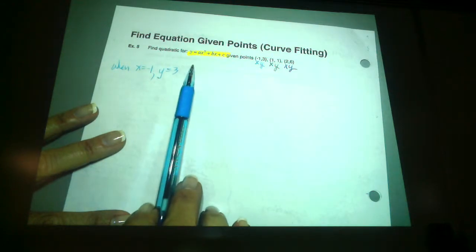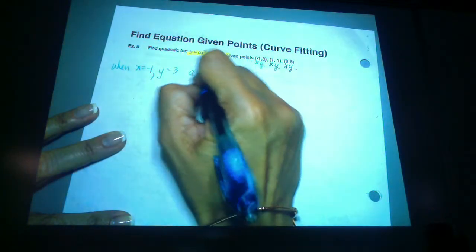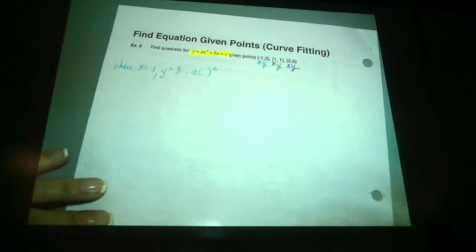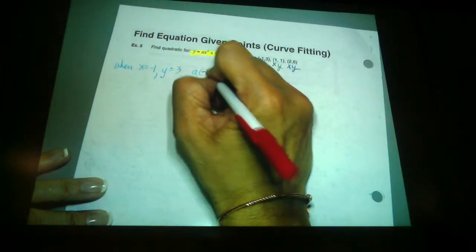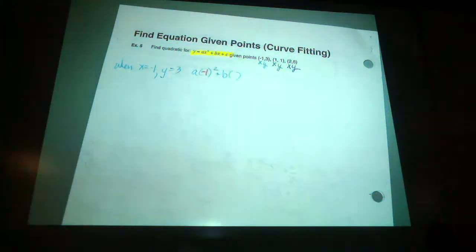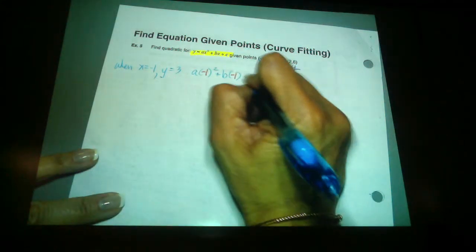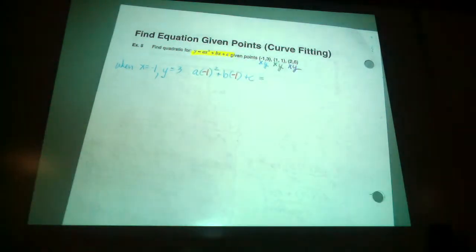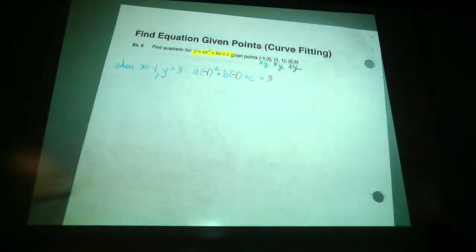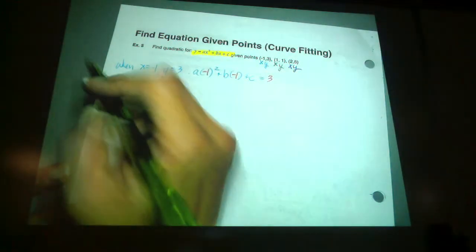So I'm going to choose to do a, and then the x is squared. So I'm going to take my x here, which is -1, put it in there, plus b, instead of x, we're putting in our -1, plus c equals, and instead of y, we're putting in a 3 here. So that's going to create one equation. We do the same thing with the second point.